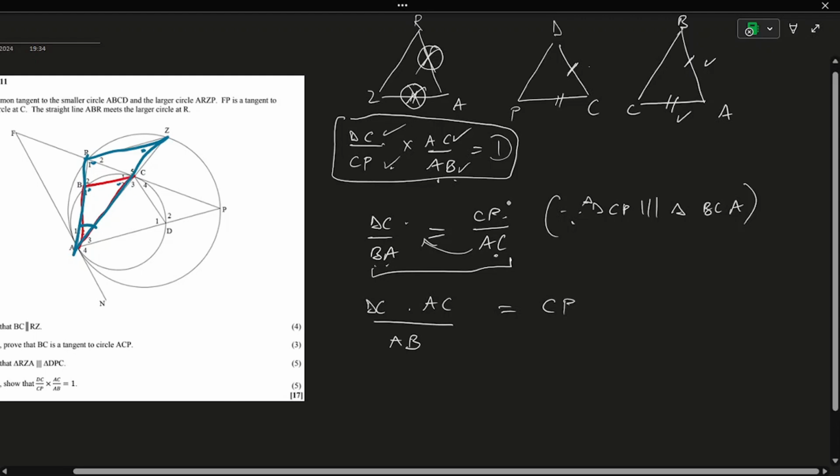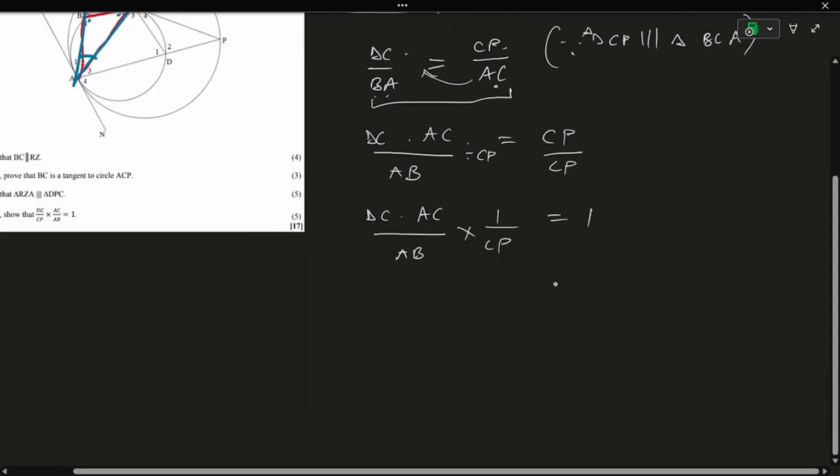You just divide everything by CP. This means you will divide this side by CP, and you also divide this side by CP. So this will become DC times AC divided by AB. This is the same as 1 divided by CP, and this is equal to 1, right? So we now have our CP at the bottom, and we have a 1 at the numerator.